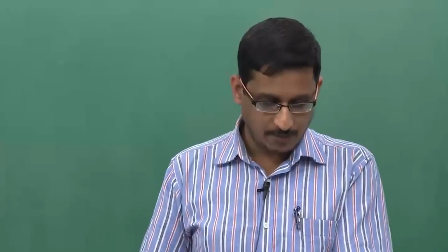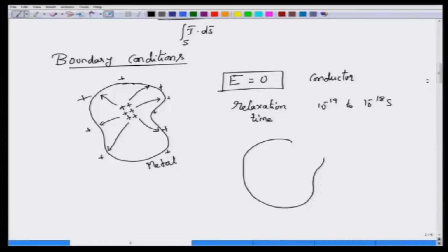Now, when such a thing happens, if you go back to the metal, there are certain charges available on the surface. I am indicating only a few charges, but you should imagine that there is actually a layer of charges here, a surface charge layer just below the conducting surface. Of course, they cannot just leave the conductor.